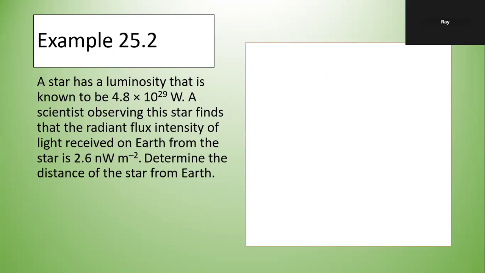A scientist observed the star, finds that the radiant flux intensity of the light received on Earth from the star is 2.6 nanowatts per meter squared. Determine the distance of the star from the Earth. You should be able to play with the formula. L is given, F is given, so you can use the same formula as we used previously to calculate R. What is your value for R? R is the distance.